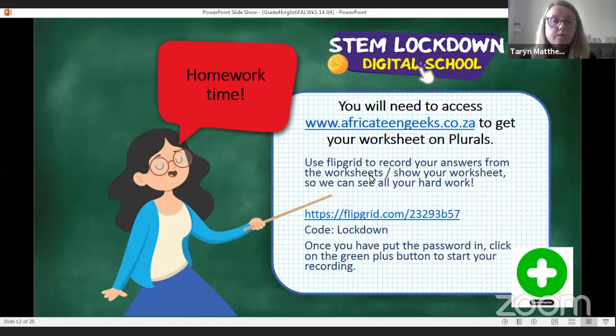So once you've done your answers, you can go onto my Flipgrid and show me your answers because I do want to see your hard work. The code is lockdown. You go to the green plus button, and there you will record your answer.